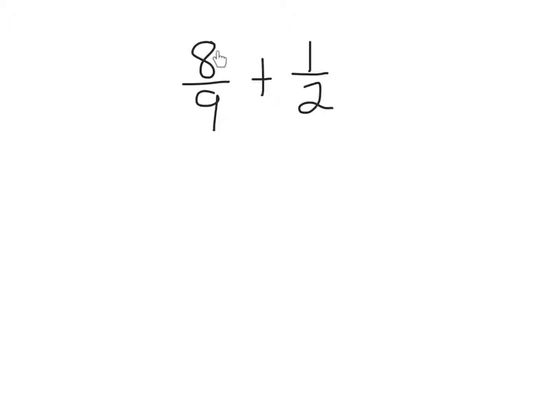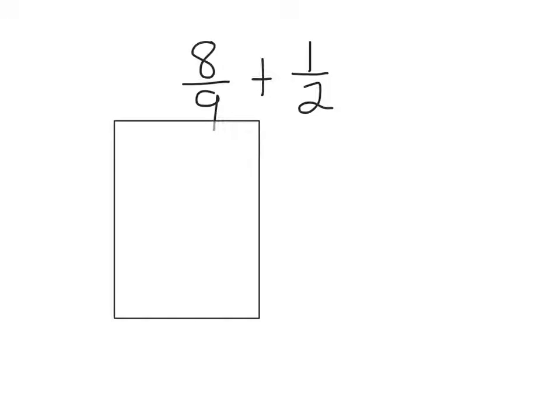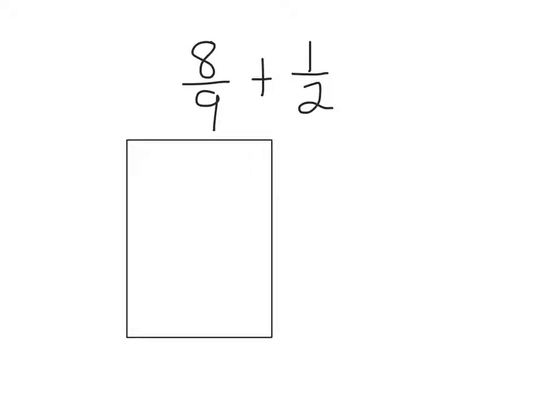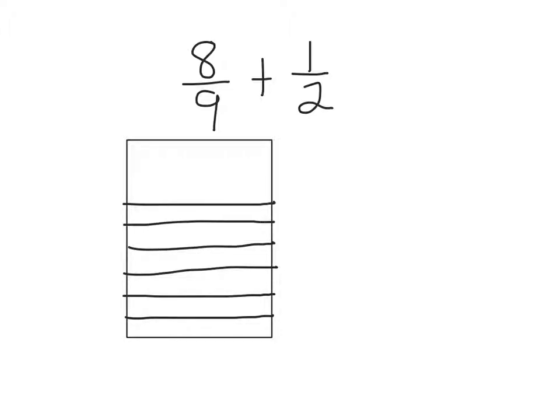And here we go. 8/9 plus 1/2. And so the first thing I want to do is go ahead and create my fraction box. So I'm going to make a fraction box right there and move it a little out of the way. And this one I want to break into 9 parts, which means I'm going to draw 8 lines. So I'm going to go 1, 2, 3, 4, 5, 6, 7, and 8 lines will give me 9 parts. 1, 2, 3, 4, 5, 6, 7, 8, and 9.